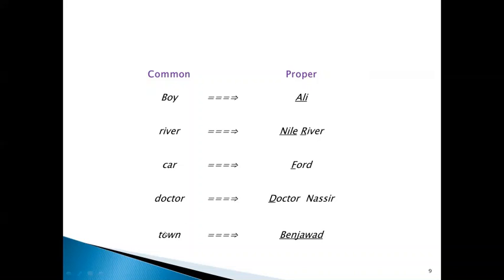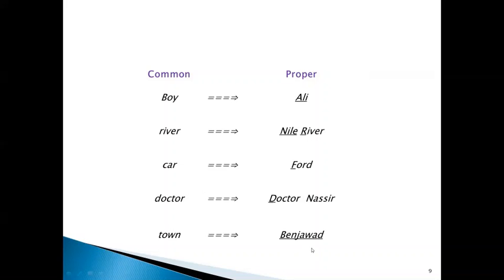Dr. Nasser. It is what? A proper noun. If we talk about any town, that means it's common. So any town is a common noun. But when you say Binjawad, we talk about a specific town. We can think of it as a proper noun. Even city is a common noun.